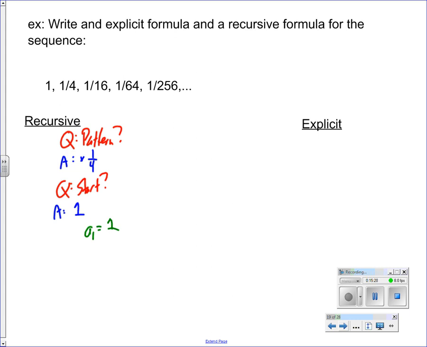Right, so I start at 1, and then my recursion equation to find an, I take an minus 1, and I multiply it by 1/4. Or I could rewrite that as an minus 1 divided by 4. So there's my recursion equation.